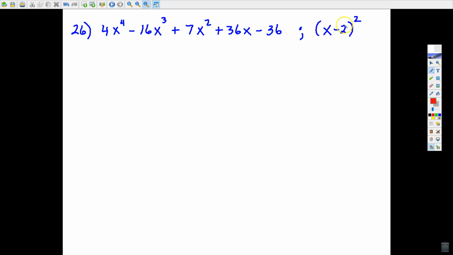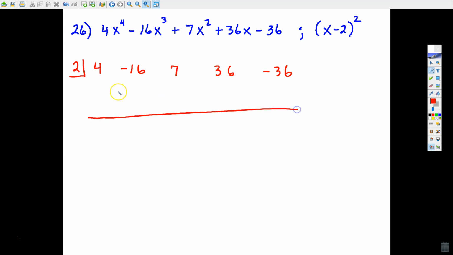So this time I'm going to put +2 in the house, and I'm going to set up the synthetic division process. So 4, -16, +7, 36, -36. We didn't skip over any exponents. 4, 3, 2, 1, constant. So no need to plug in a 0.